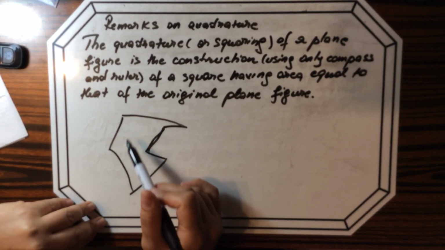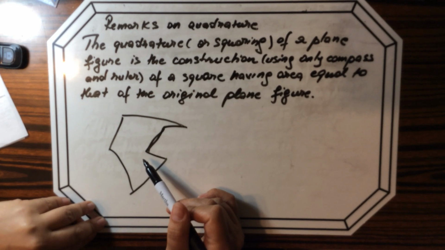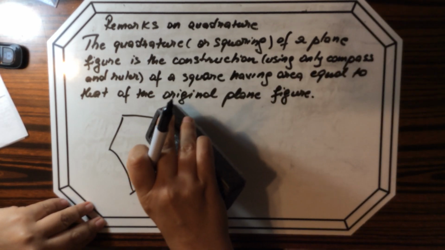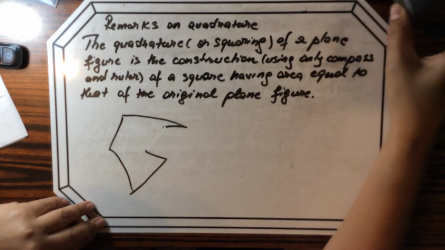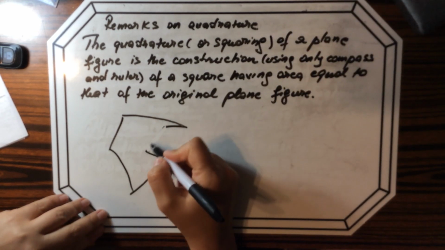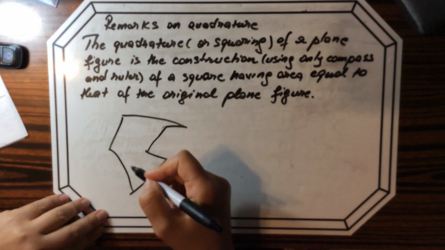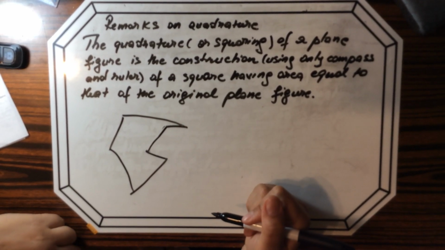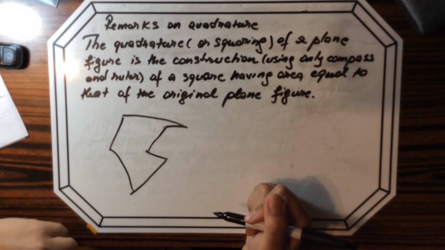Whereas just finding the area of this plane figure on its own, without using some other figure that is much simpler, is rather hard, or at least for early Greeks, it was impossible.